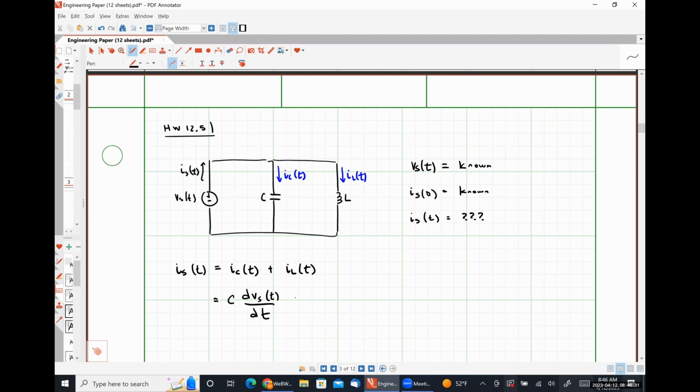So that means we're going to have 1 over L times the integral from T naught to T of Vs of T prime dt prime plus IL at T naught.